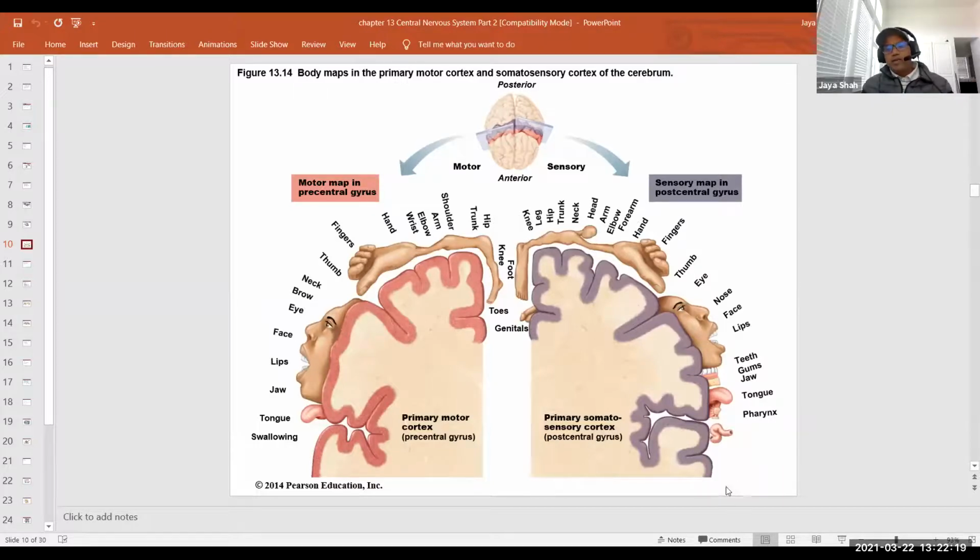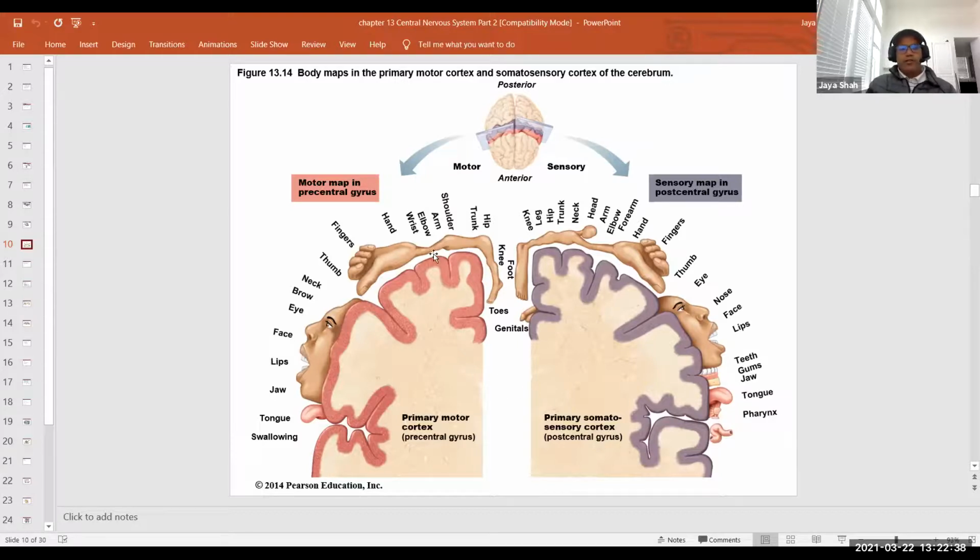So let's see, if you need to get the sensation from your toe, and you pinch your toe, this inner or upper part of the brain will be activated.